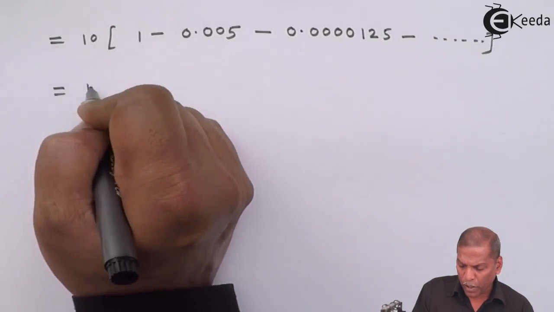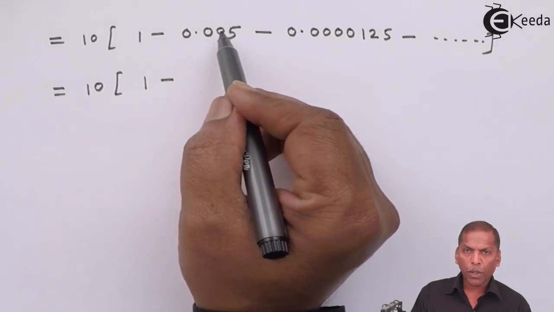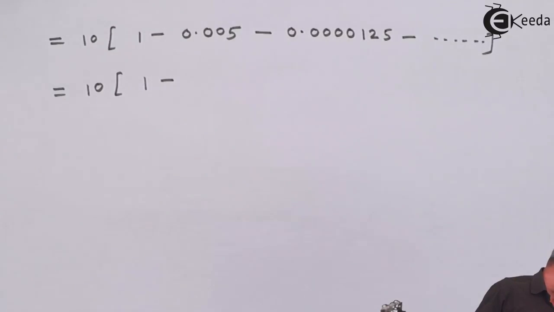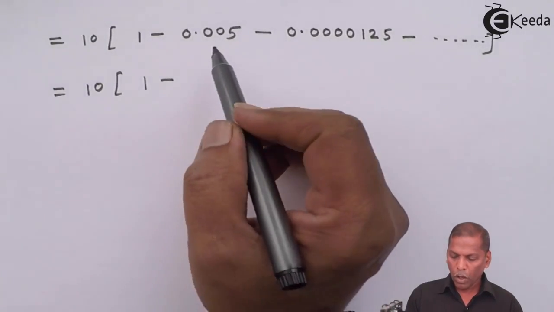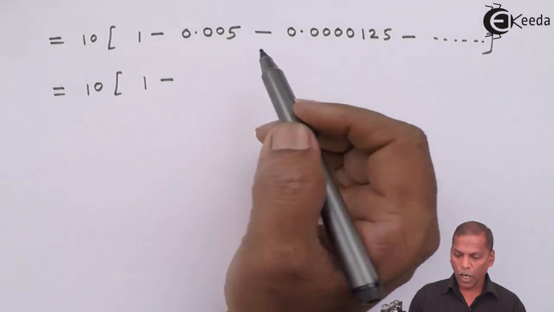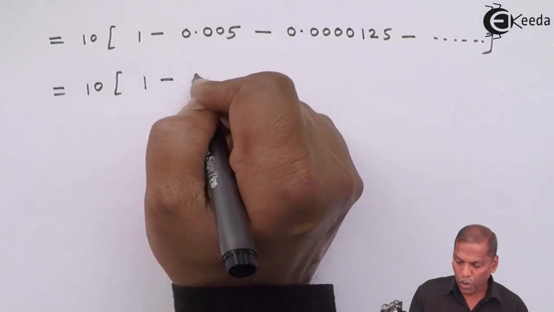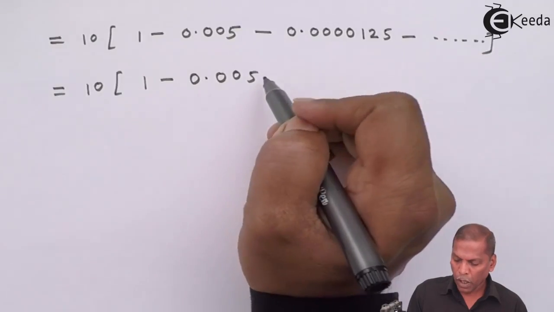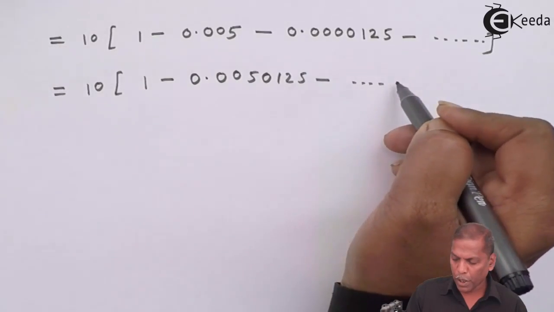So on simplifying further, we get 10 in bracket 1 minus, now here minus 0.005 and minus 0.0000125, so that gives us 0.005, and then we have 0 and then 125, then minus, it is going on.